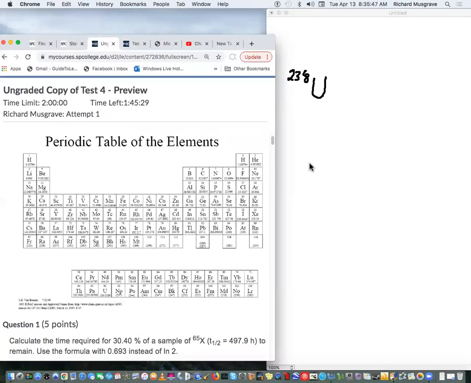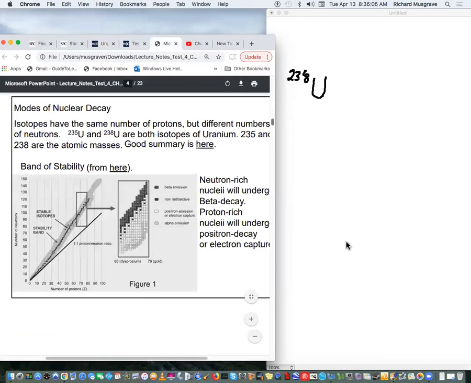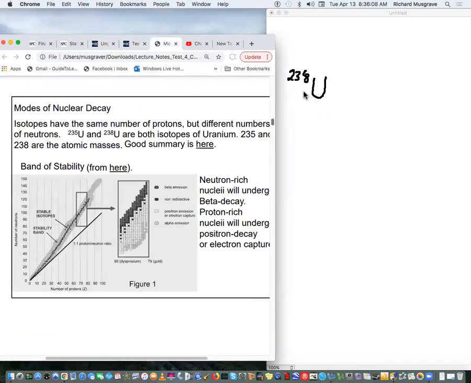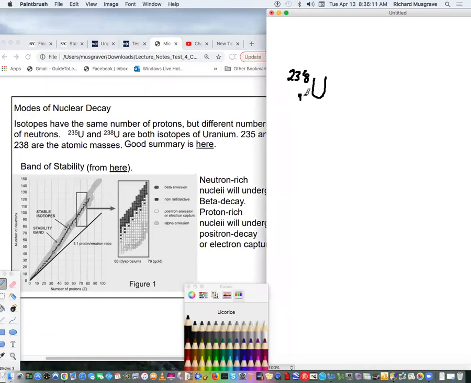Now, it's optional because each of these actually uniquely defines an element. We don't need to put the 92 down here because we can easily get it off the periodic table. So often you won't even see the atomic number stated, but we know for uranium-238 that it would be 92, and that number can optionally be written down at the bottom.